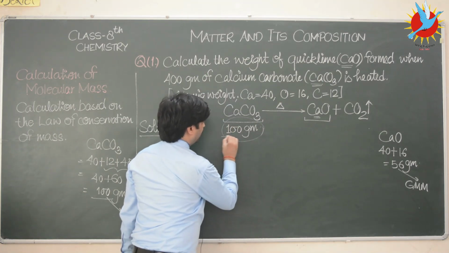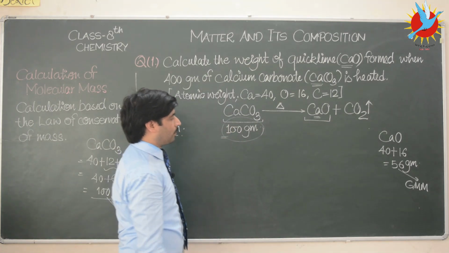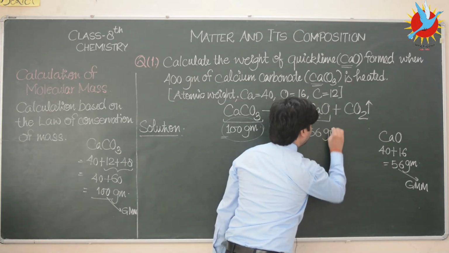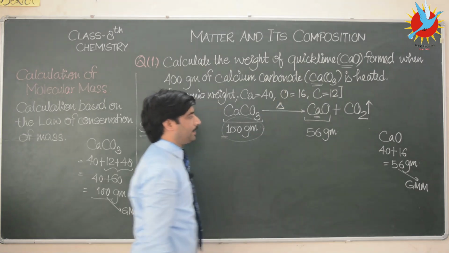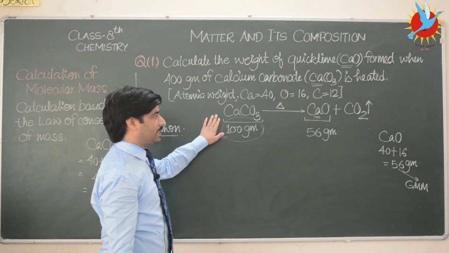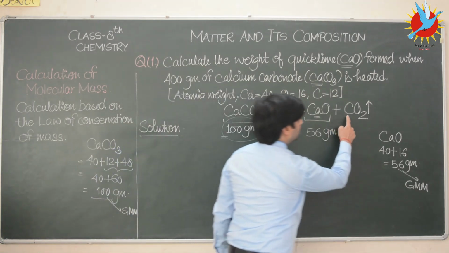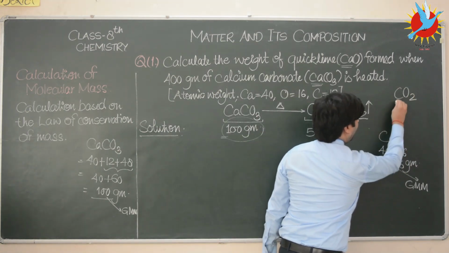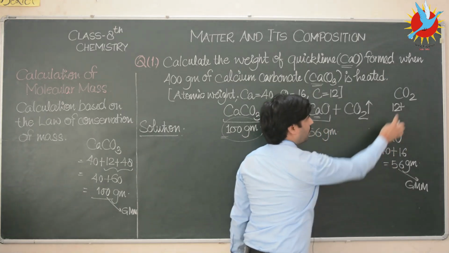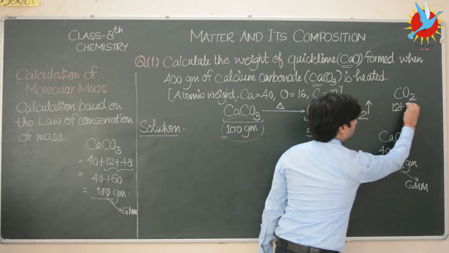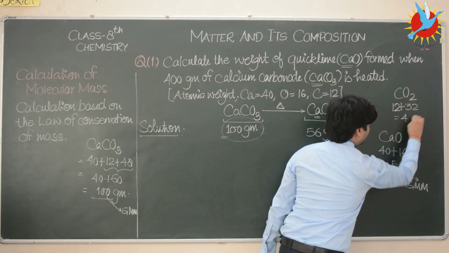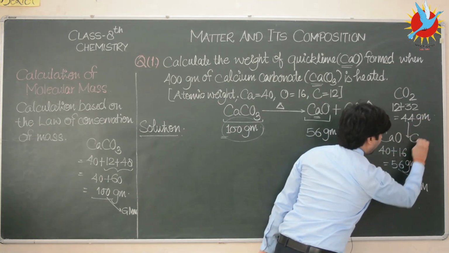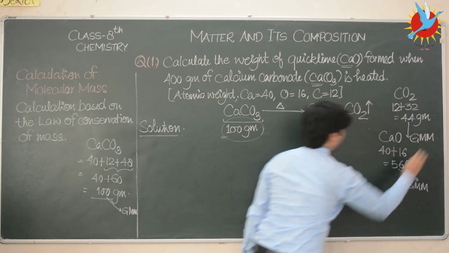So upon heating 100 gram of calcium carbonate, we are getting 56 gram of calcium oxide or quicklime according to the balanced equation. Along with it, we are getting carbon dioxide, CO2, carbon 12 plus oxygen 16 twos are 32, that comes 44 gram, if we are talking about gram molecular mass of carbon dioxide.